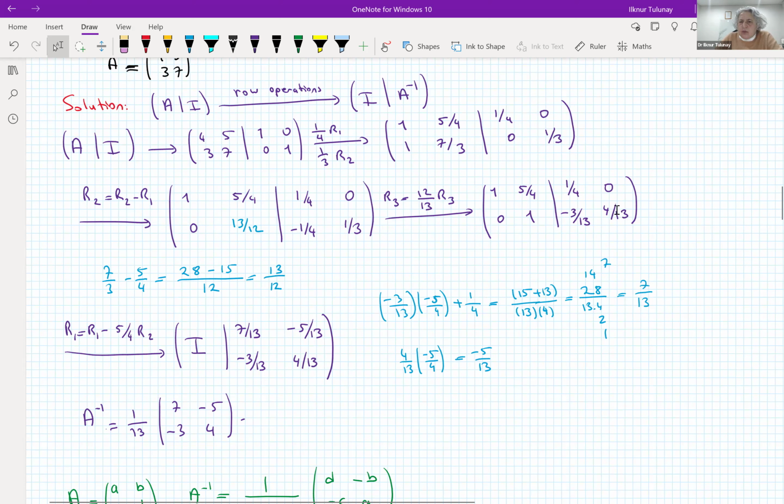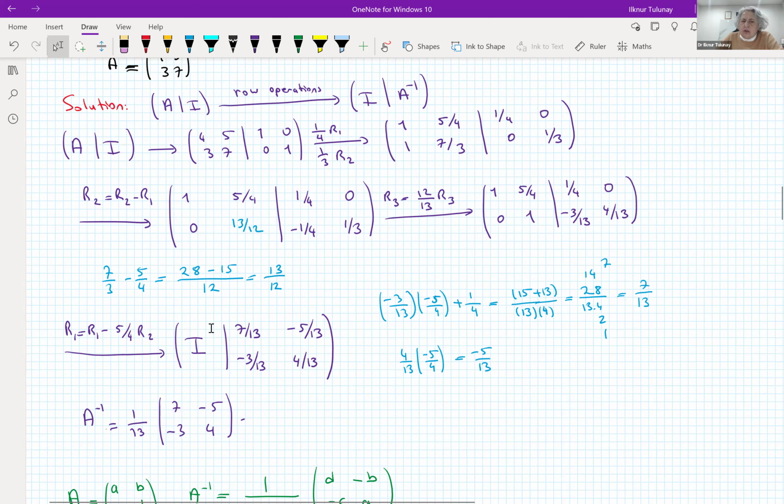And if we multiply this by -5/4, we get -5/13, which is this position. All of them have 1/13 as a common factor. I can take it out. So that's 7, that's -5, -3, 4. That has to be the A inverse.